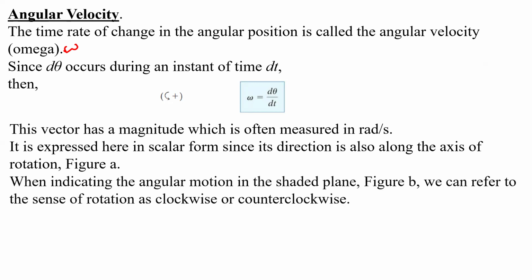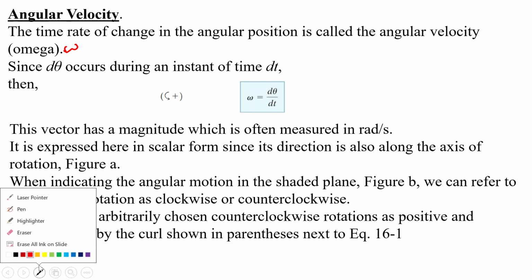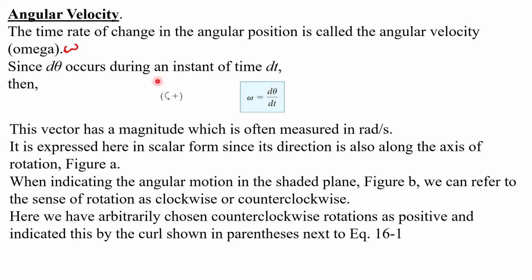When indicating the angular motion in the shaded plane, we can refer to the sense of rotation as clockwise or anticlockwise. But if you refer to it as clockwise, you must be consistent in your calculations. Here, we have arbitrarily chosen counterclockwise rotations as positive and indicated this by the curl shown in the parentheses.